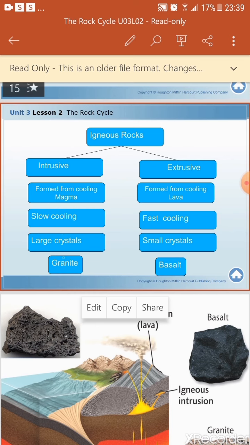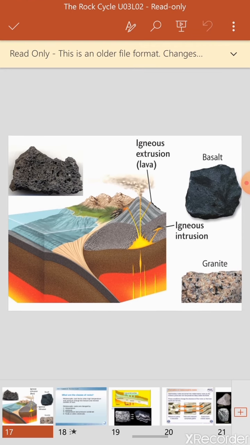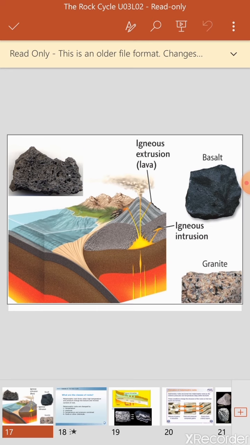Example, granite. The other type is extrusive igneous rocks. Extrusive igneous rocks are formed from cooling lava. Fast cooling results in small crystals. Example, basalt or obsidian.